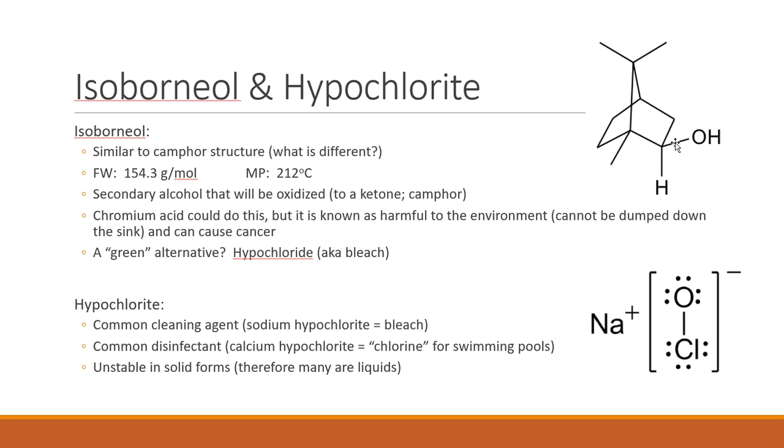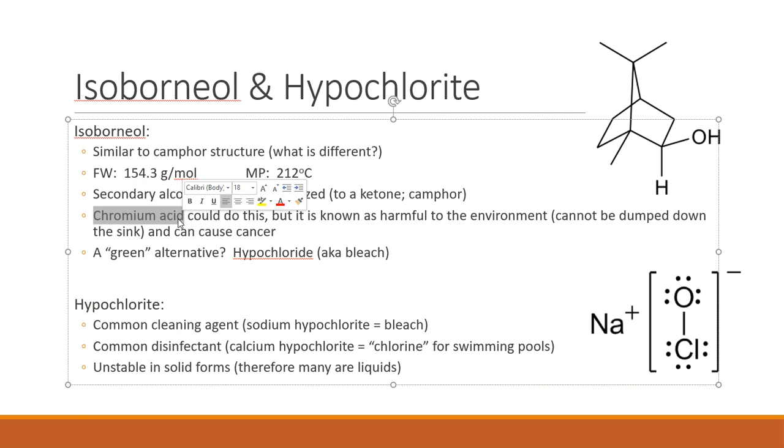And in order to do that, there's a number of different ways. One of the probably most common ways that they will tell you in a textbook is to take chromium acid or chromic acid. Now the problem is that chromium is an environmental hazard. We never really want to dump chromium down the drain. Just ask Erin Brockovich and she'll tell you all about it, right?